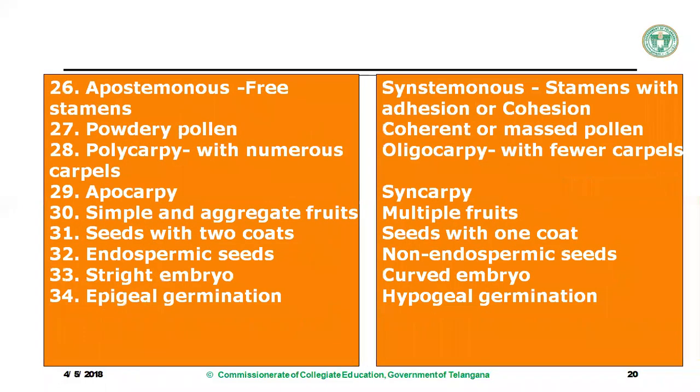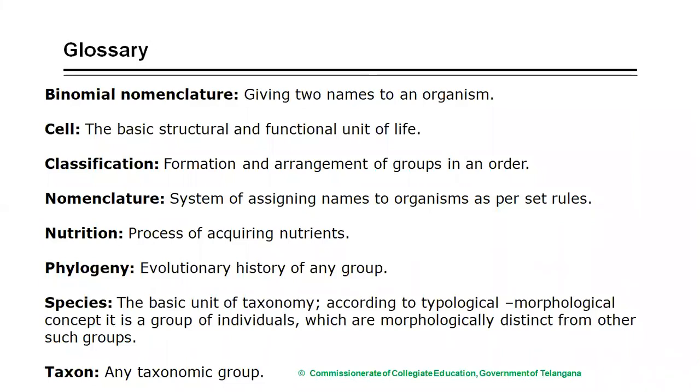In this way, nearly 34 characters based on vegetative, reproductive, anatomical and other characters are listed out by taxonomists. Apocarpy is primitive, syncarpy is advanced. Endospermic seeds are primitive, non-endospermic seeds are advanced. So based on the vegetative and floral characters and some internal anatomical characters, we decide whether the plant is primitive or advanced.